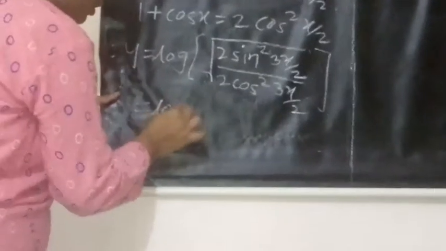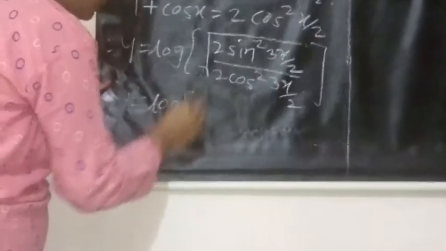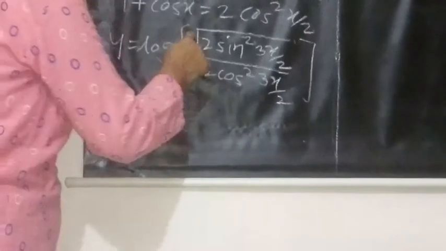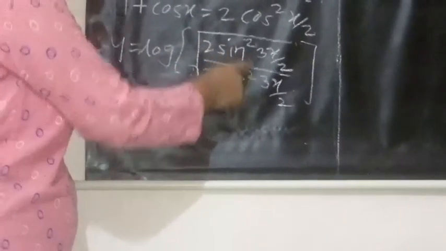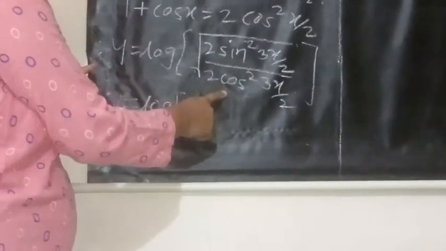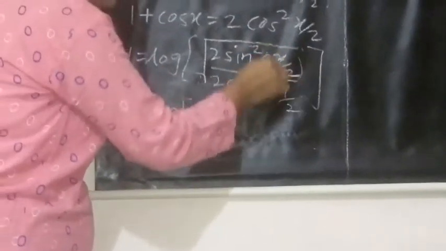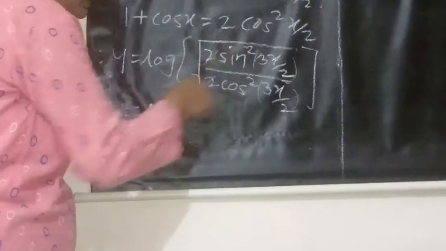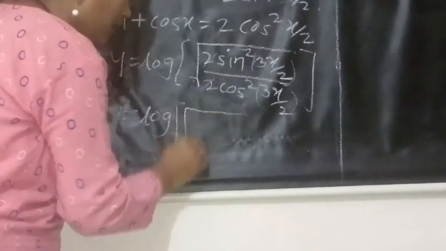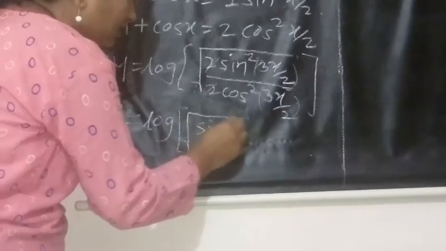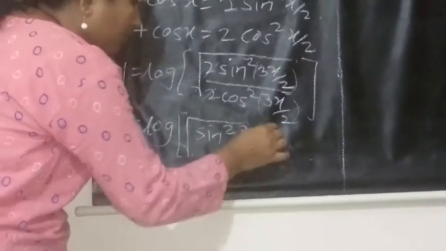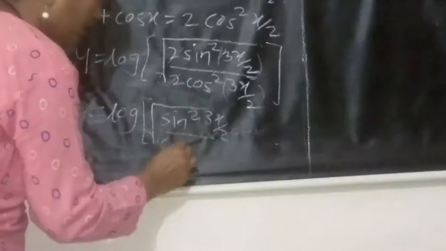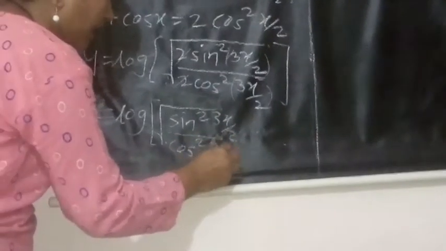So y is equal to log of square root of 2 sin square 3x upon 2 over 2 cos square 3x upon 2. Now here 2 upon 2 gets cancelled and we get square root of sin square 3x upon 2 upon cos square 3x upon 2.